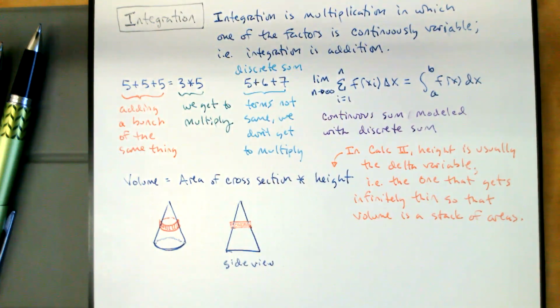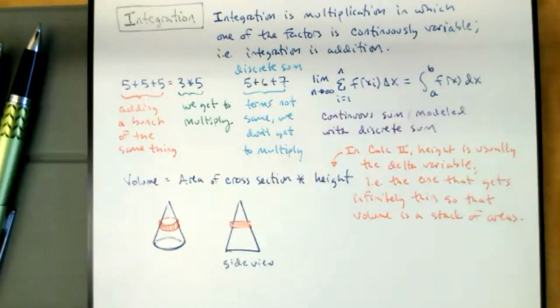We're envisioning the cone as a stack of cylinders. Then we increase the number of cylinders to make it look more like a cone. We've got to increase the resolution, and the delta variable is the part that has to get infinitely thin, so I can have an infinite stack of cylinders.